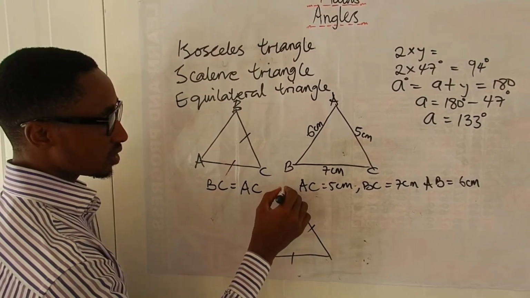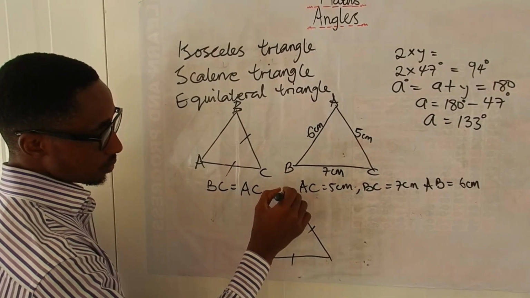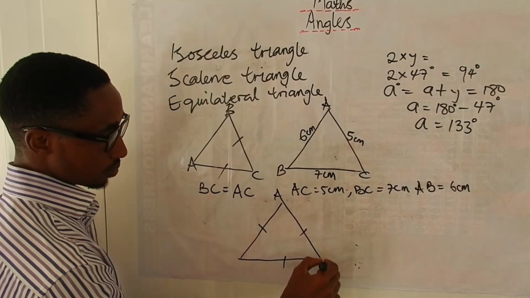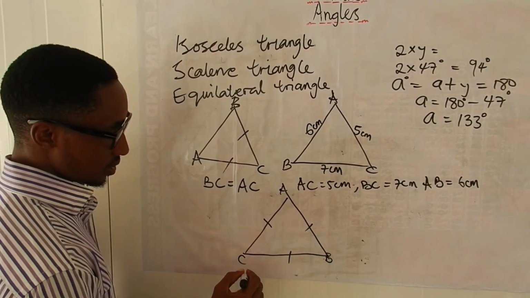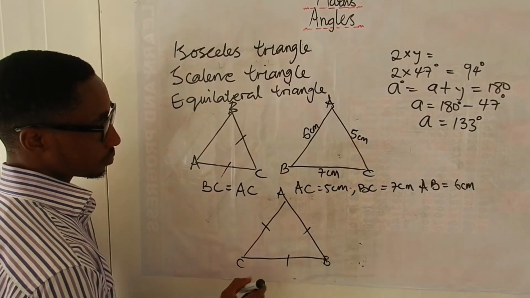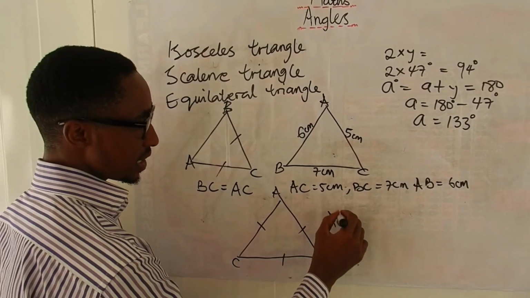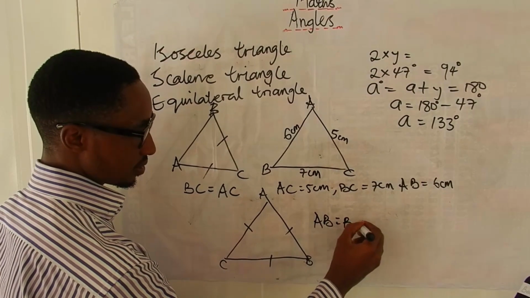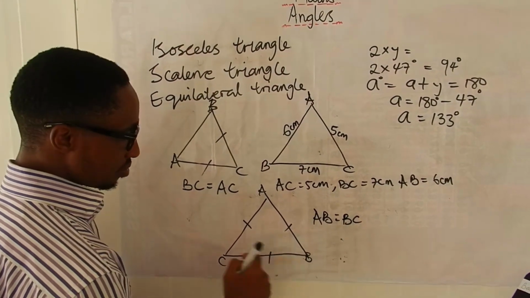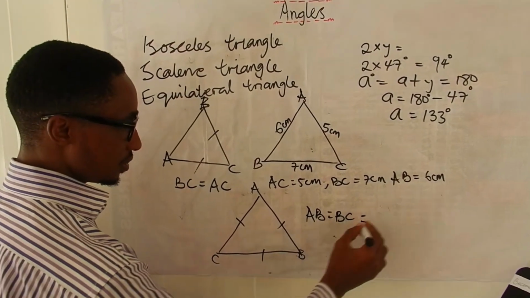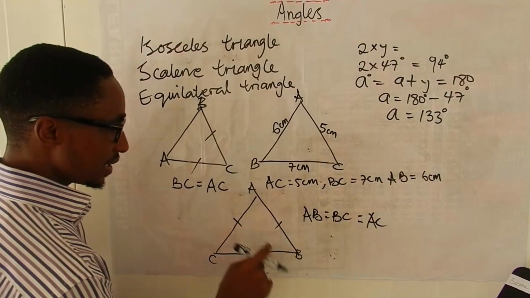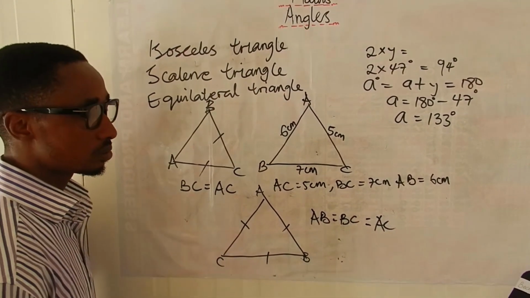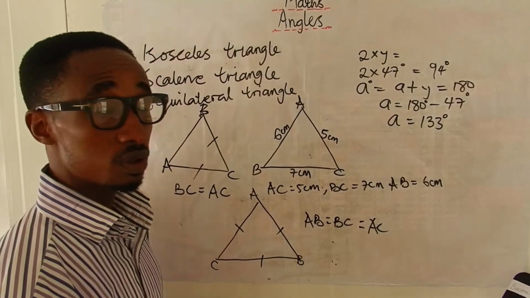Now if I say A, B, C. Okay? AB equals BC, and BC equals AC. Meaning this angle is equal to this angle, to this angle. That is an equilateral triangle.